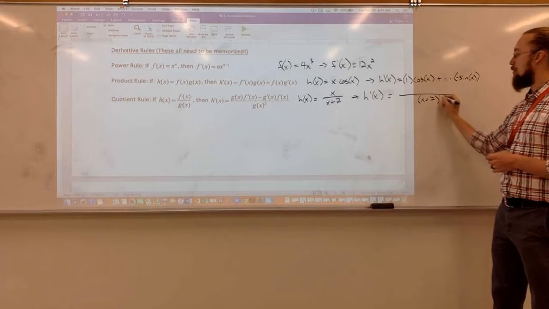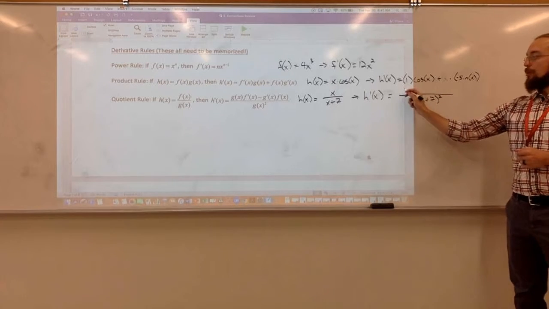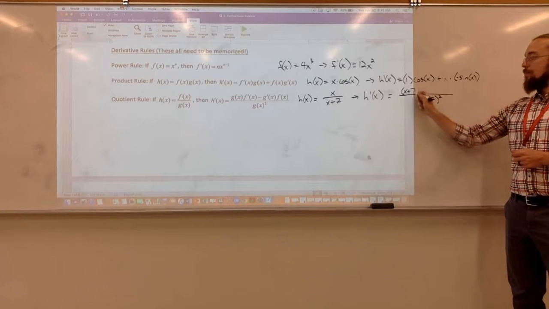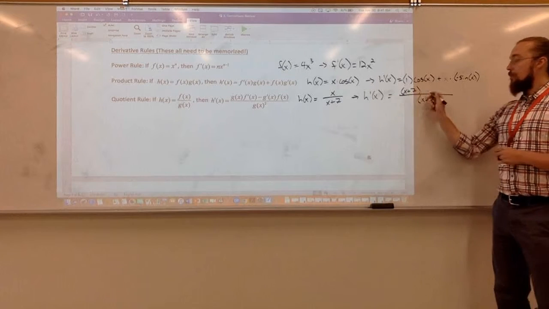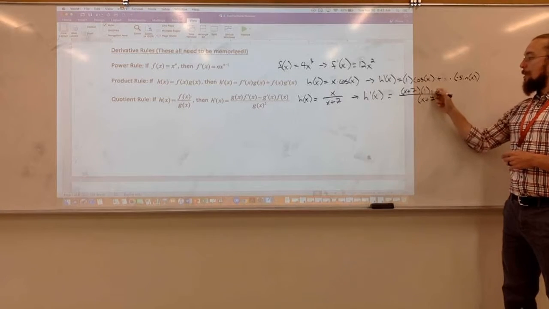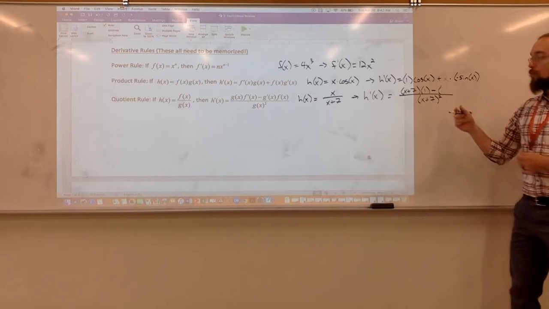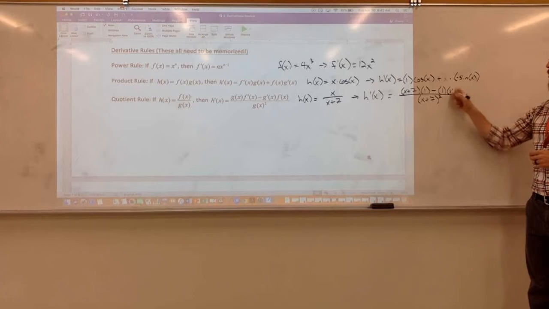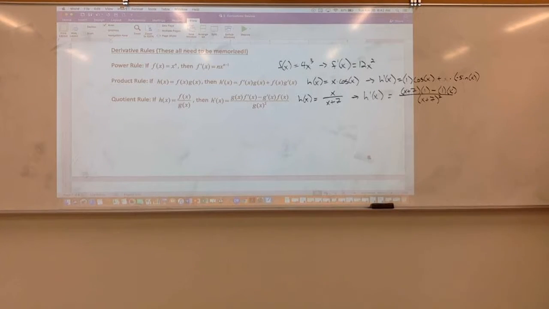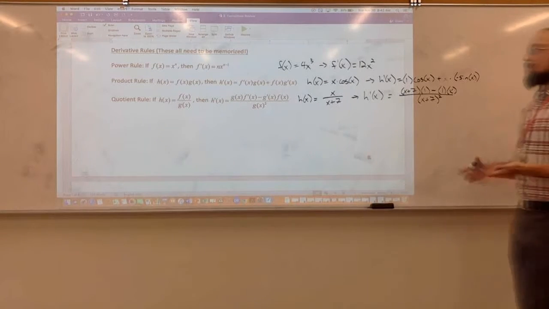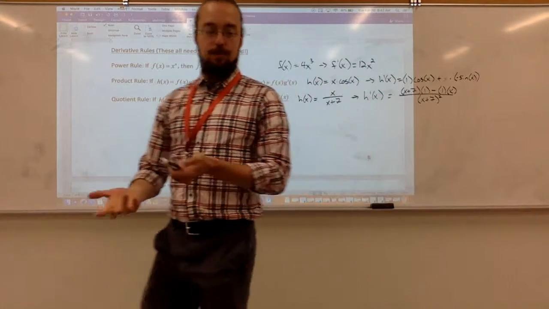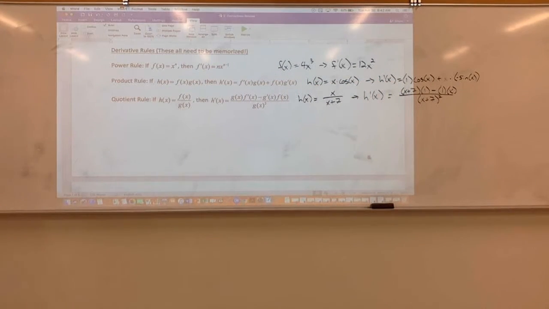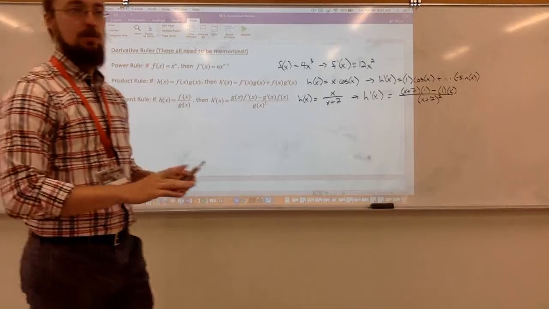So x plus 7 squared, bring the denominator straight up, times the derivative of the numerator, minus the derivative of the denominator, in this case would also be 1, times the numerator. Okay? These rules just have to be memorized. Okay? Good with those?